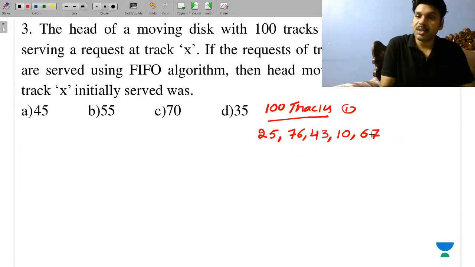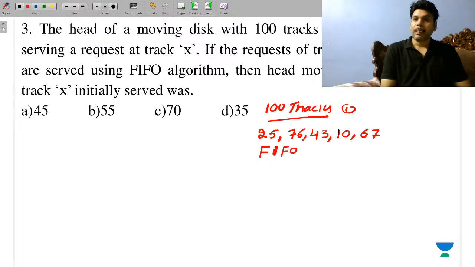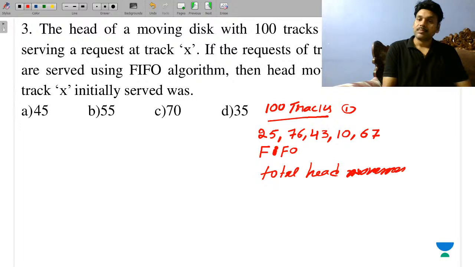Now I am using a FIFO algorithm, and he said that the total head movement is already given as 194.